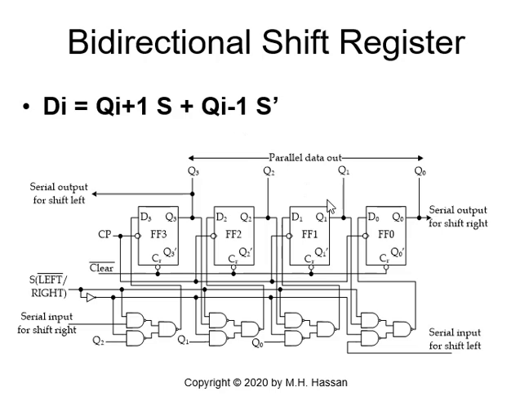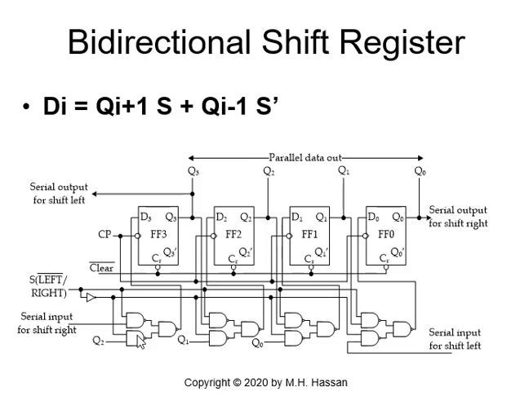If I am shifting the data in the opposite direction, from the right to the left, D2 will have to have Q(i-1), which is Q1. So S has to be equal to 0, because S-bar will be 1, and the other term will go away.